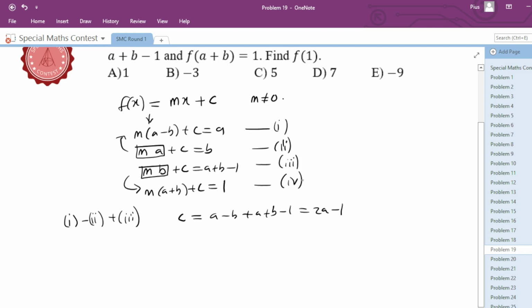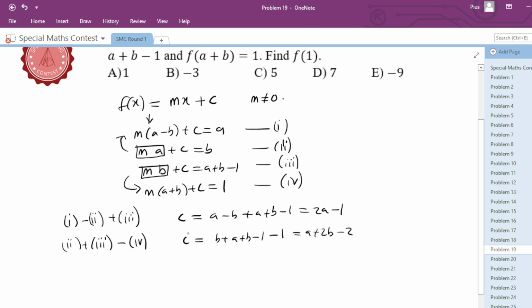Similarly, equation 4 is similar to equation 2 plus equation 3, so look at equation 2 plus equation 3 minus equation 4. That term will vanish, and here we get once again that c is equal to b plus a plus b minus 1 minus 1. So this is a plus 2b minus 2.